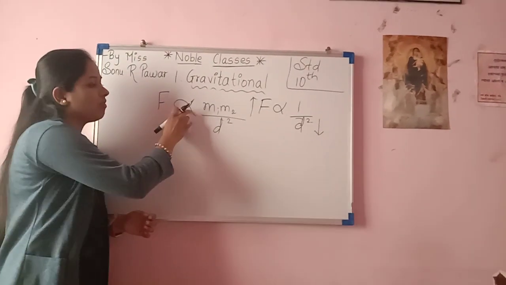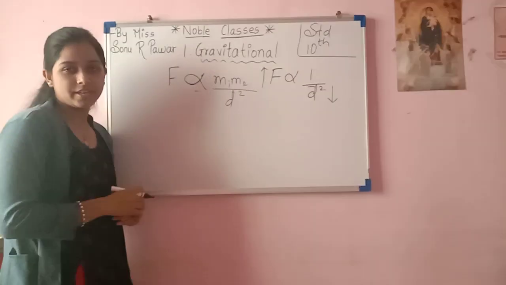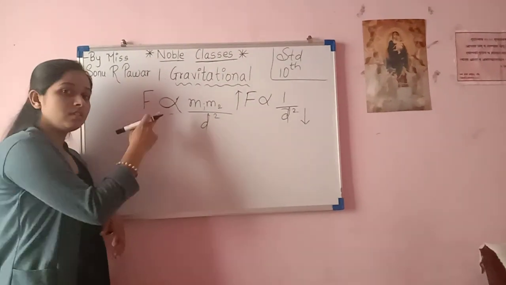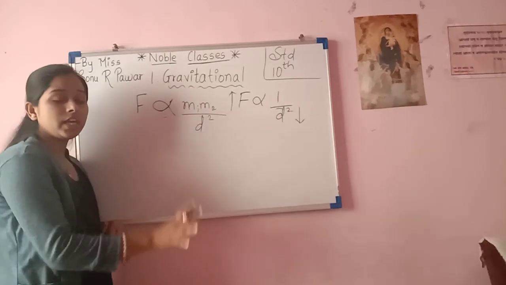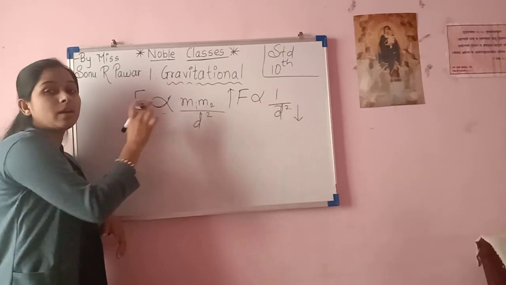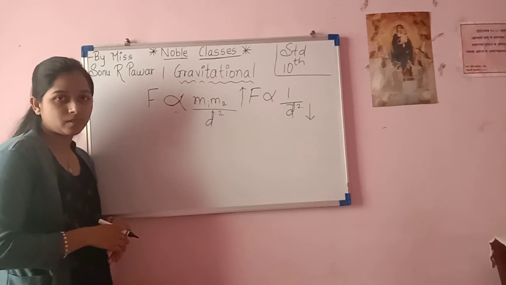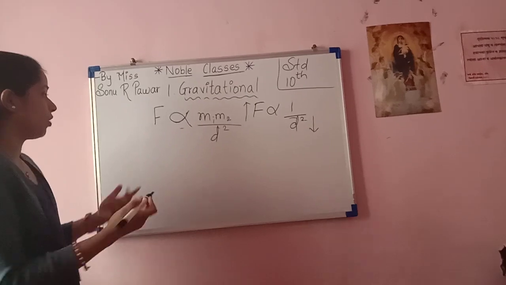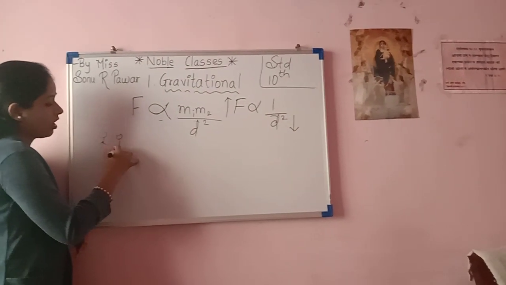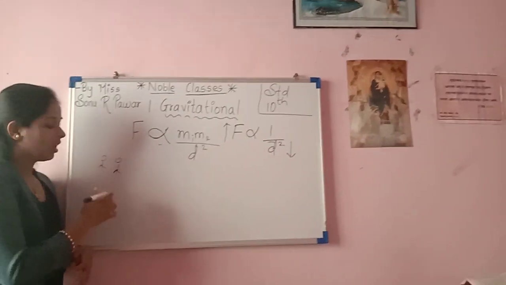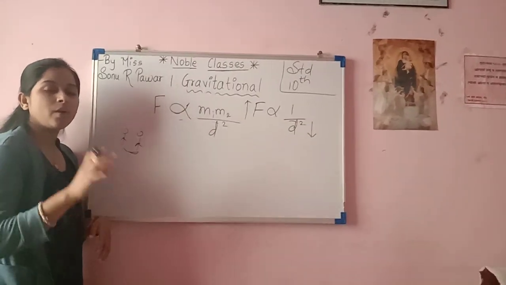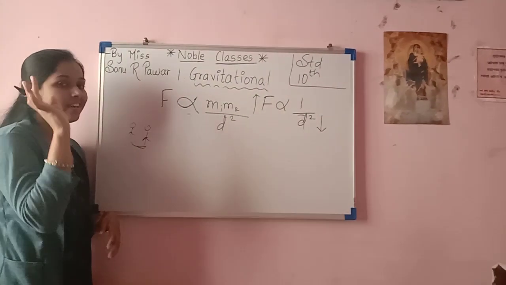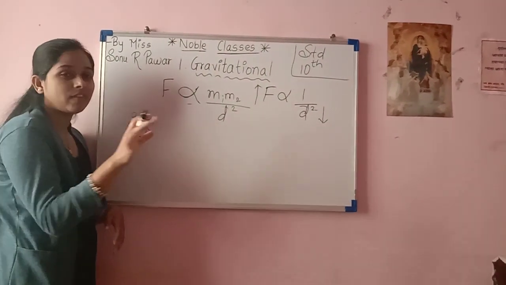So what will we do? We will remove this direct proportionality sign. Now how will this sign get removed? It will only get removed if we replace it by some constant. For example, if two boys are fighting with each other, the entire class says, please stop fighting.